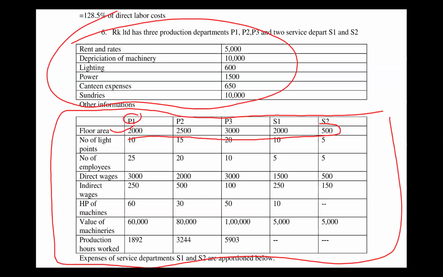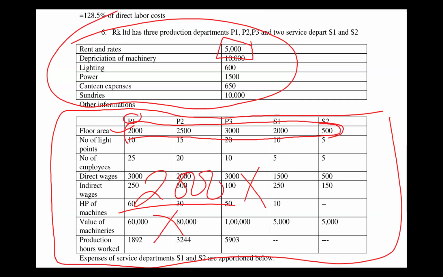When you sum them, then if you want to see how much goes to department P1, you say 2,000, which is the floor area space that is occupied by department P1, divided by the total that you are going to find, multiplied by this cost that you are allocating, it is 5,000.